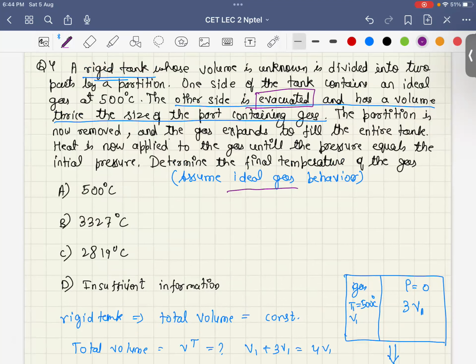Remember to convert from degree centigrade to Kelvin. Always remember to convert this 500 degree centigrade to Kelvin. Always assume SI units.